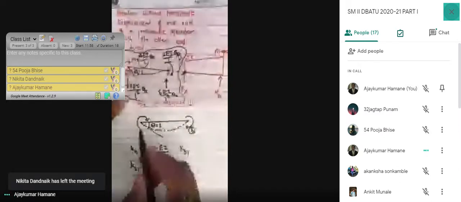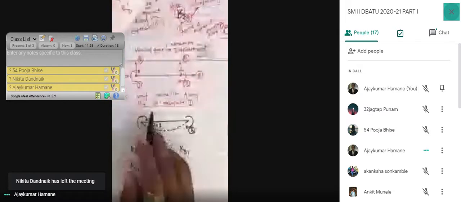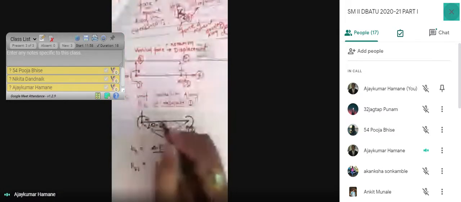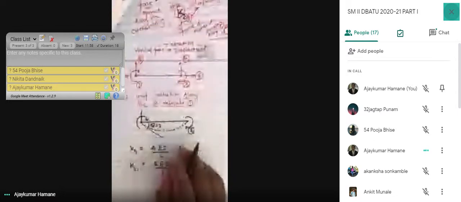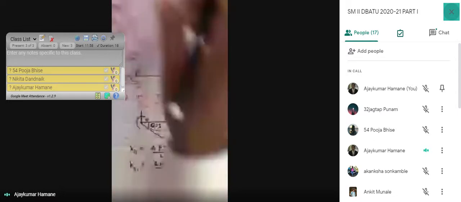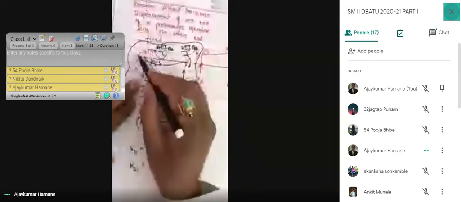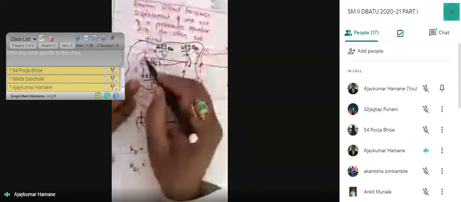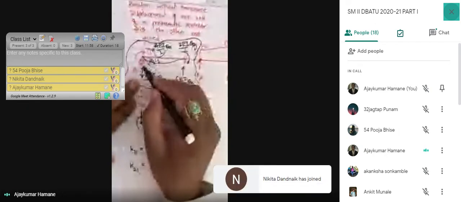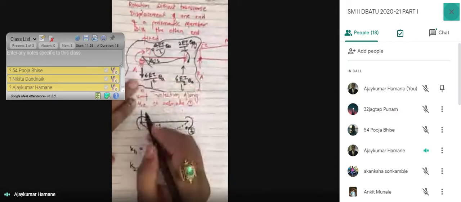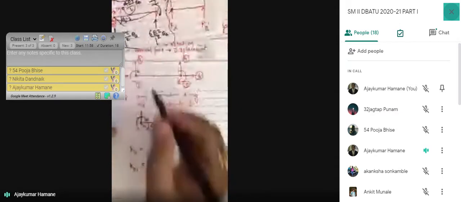Now K31. What is 3? 3 is along the vertical. Now you can see here, when we apply the clockwise moment, the force will be along that direction. It is like this, but we assume it is upward.